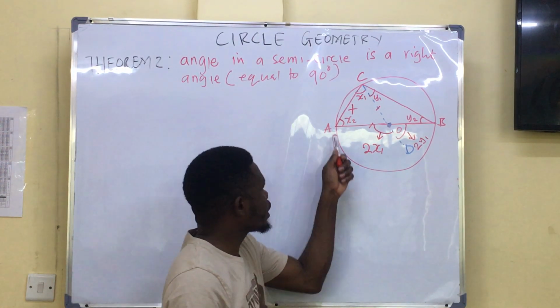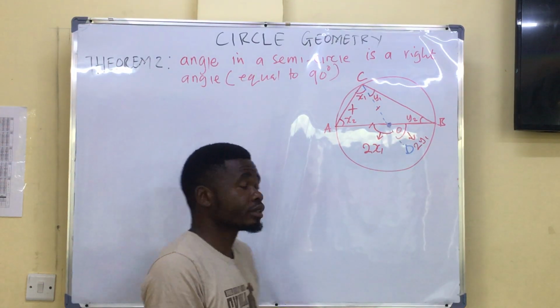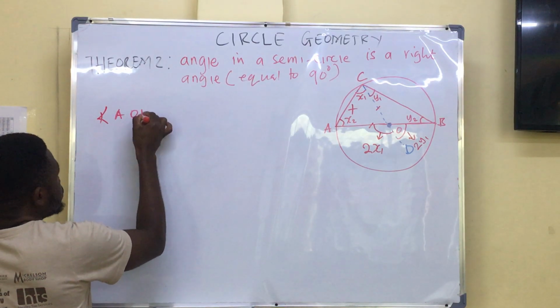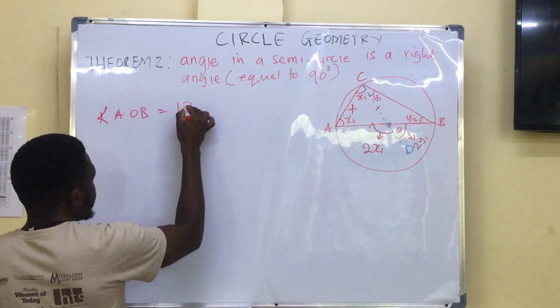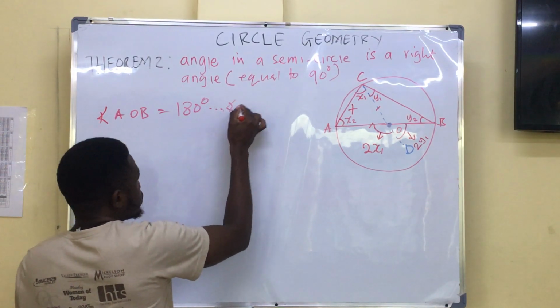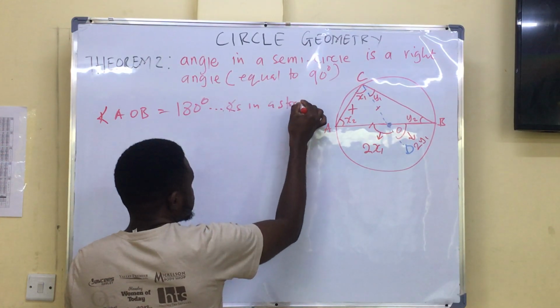We know that angle AOB is equal to 180 degrees, right? Angle AOB is equal to what? 180 degrees. Reason: angles in a straight line.